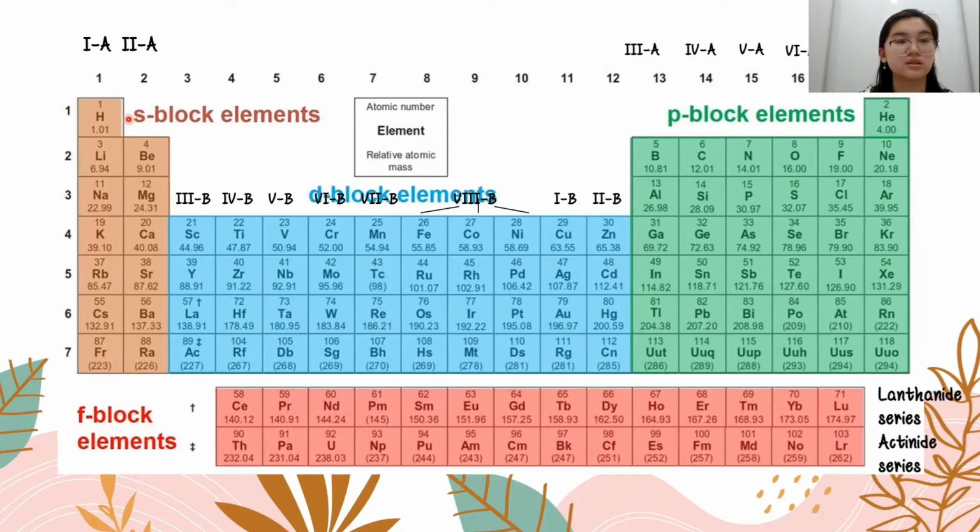And then there is also the family in the first vertical arrow is 1A, and the second 2A, third 3B, fourth 4B, then 5B, 6B, 7B, 8B, 9, 10 is 8B, 11 is 1B, 12 is 2B, and then 13 is 3A, 14 is 4A, 15 is 5A, 16 is 6A, 17 is 7A, 18 is 8A.